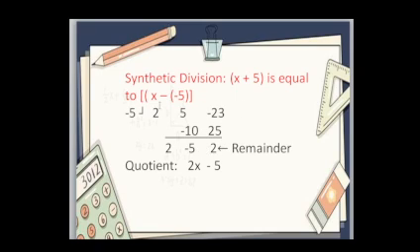And since the highest exponent of the variable of our dividend is 2, so 2 minus 1 is 1. So we will start with 1 as our exponent of the variable. Copy 2x minus 5. So they have the same quotient and remainder using synthetic division.